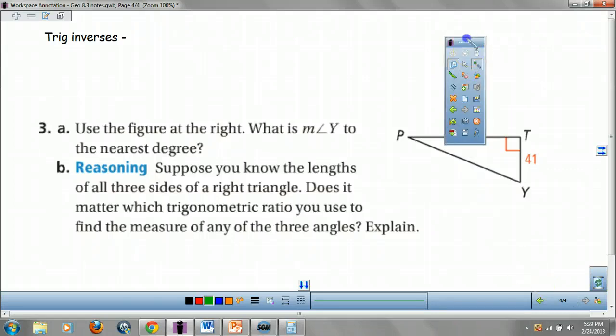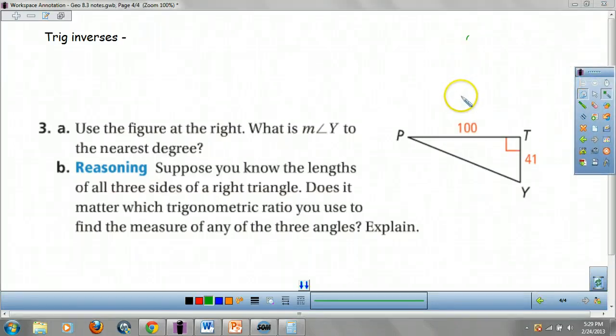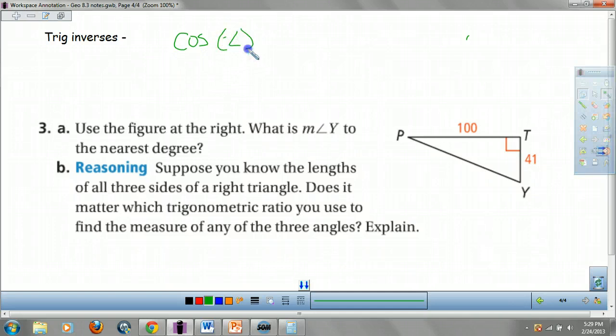Trig inverses. What that basically means is, think about this. Cosine of an angle gives you a side length over side length, right?